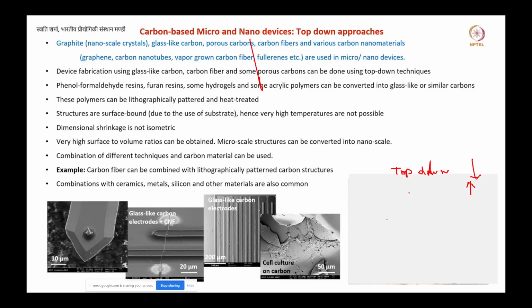So these polymers can be lithographically patterned and heat treated. Like I have told you what lithography is. Lithography is a technique where you will transfer your pattern. It is a process where whatever desired patterns you want can be transferred. Okay.